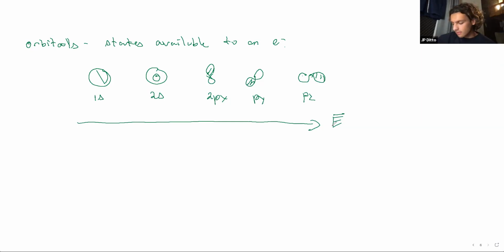Professor Curzon, what causes a node? The node derives from, I'm not going to be able to give you a good answer. It derives from a change in sign of the wave function. So let me redraw the orbital.